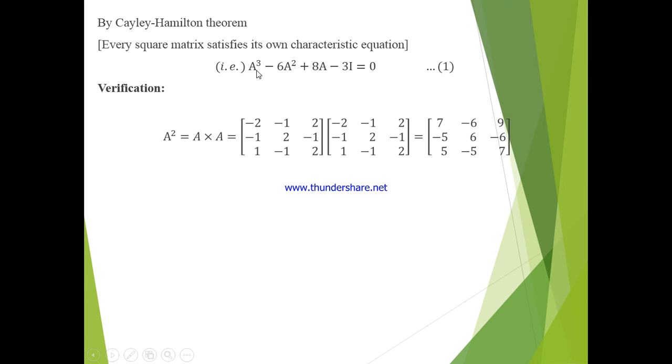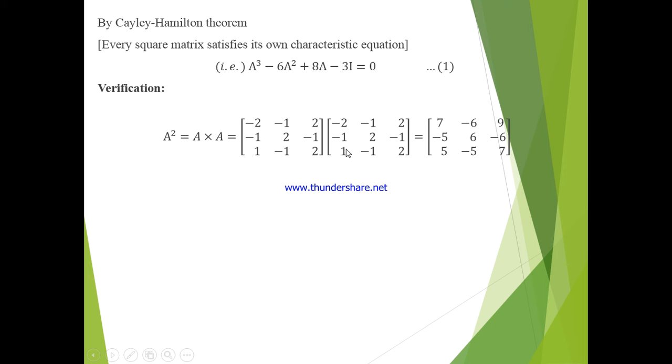To verify this, we have to find the A cube and A square values. First, find A square. A square is the given matrix A into A. We have to multiply this. To multiply, we multiply row by column: minus 2 into minus 2 plus minus 1 into minus 1 plus 2 into 1.